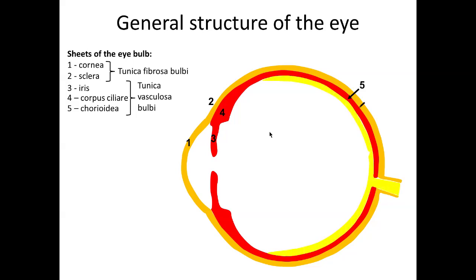Here it is, number 6. It is retina, the most internal sheet of the eyeball.